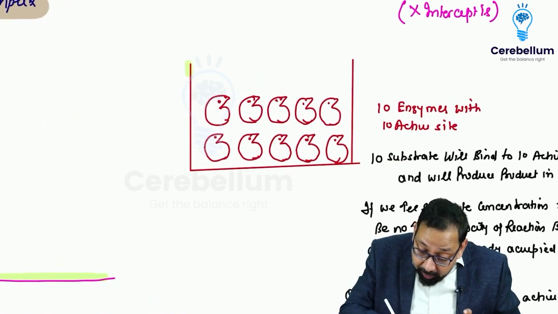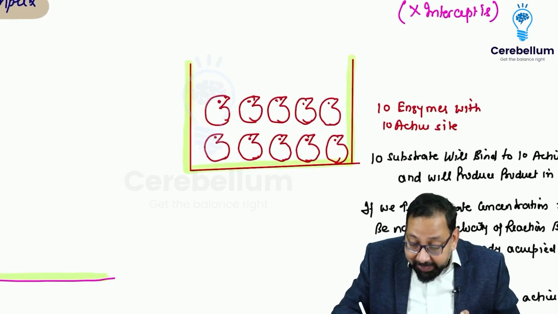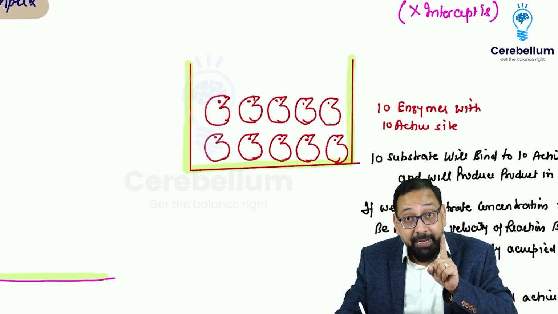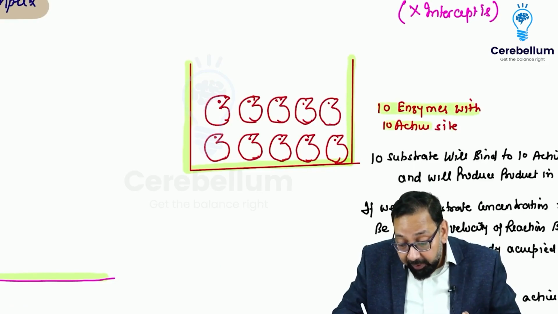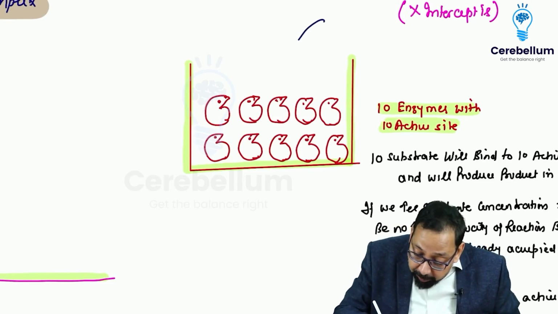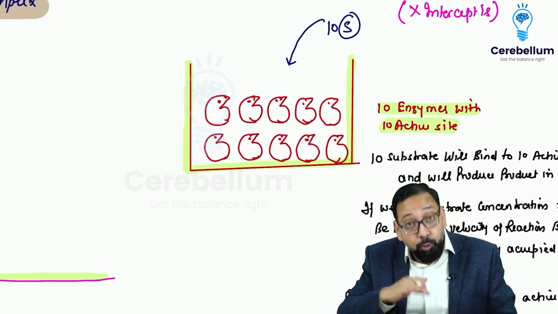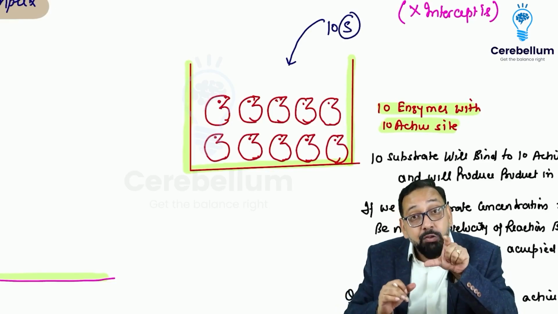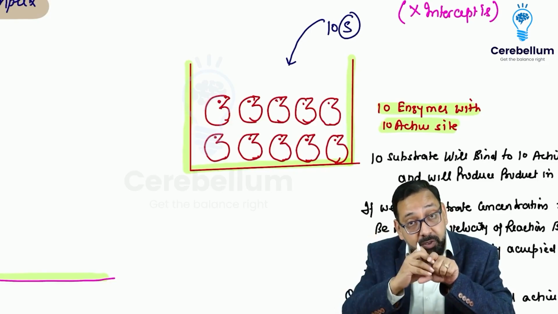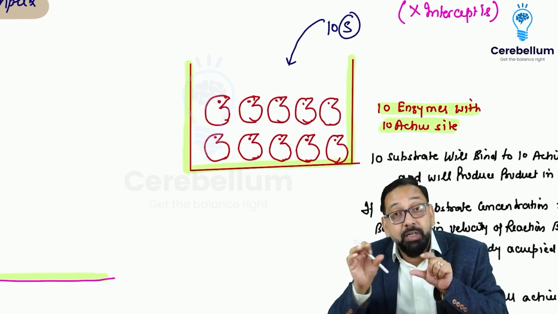I take an example. Suppose I take 10 enzymes in this solution and each enzyme is having one active site. So 10 enzymes will be having 10 active sites. And I add 10 substrates. How many substrates? 10 substrates in this solution. Now 10 active sites will bind with 10 substrates and they will convert 10 substrates to 10 products in a unit time.